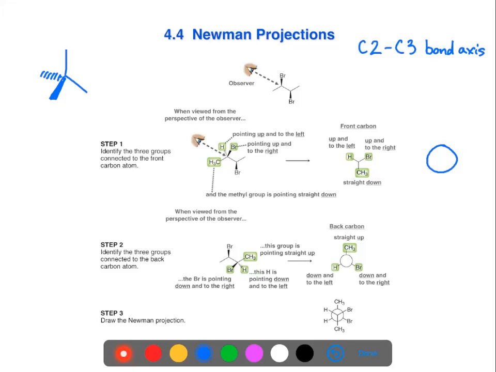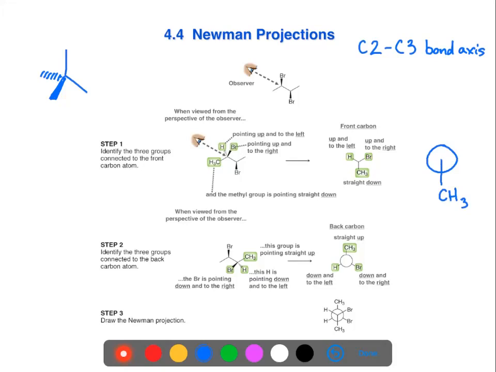Now it's important to remember that we're looking down this bond, and notice how in the plane we have this methyl group coming straight down. So if we're looking down the C2-C3 axis, this methyl group is below that axis, and it's in the same plane. And so we'll show that as a line straight down, and we will use CH3 to represent that group.